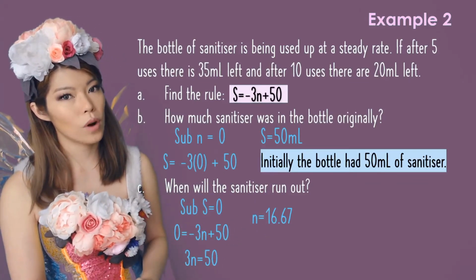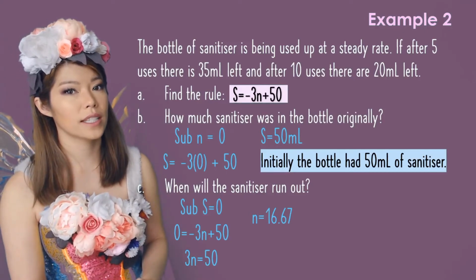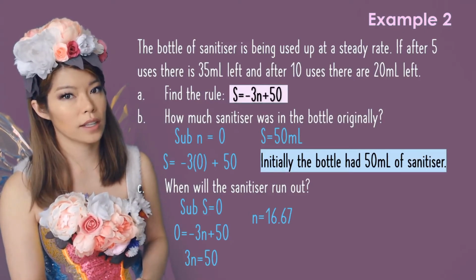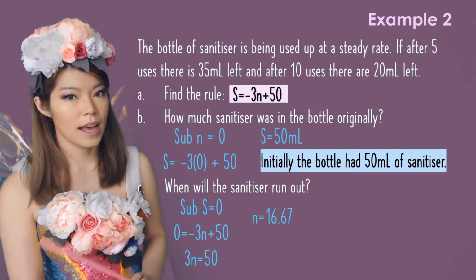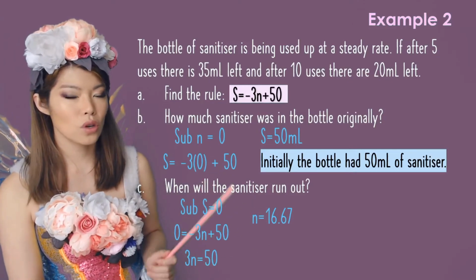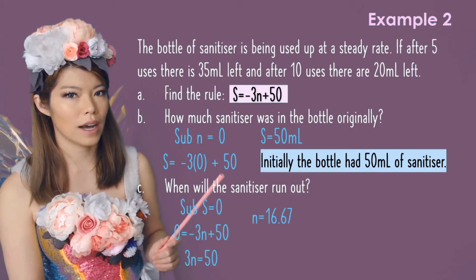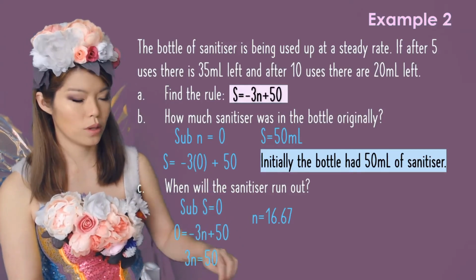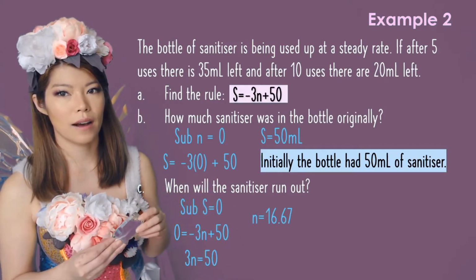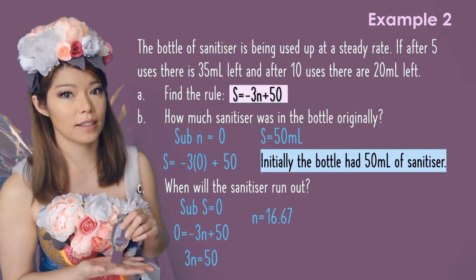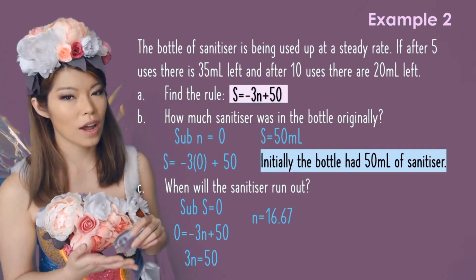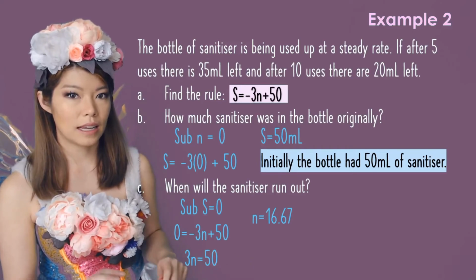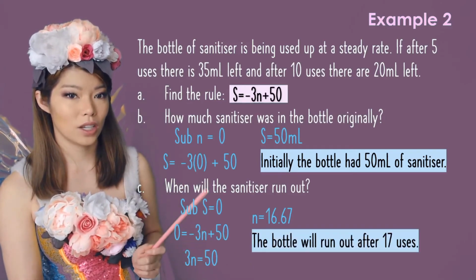Now example 2 is going to be different to example 1. Remember in example 1 you had 22.5 donuts and you can only order 22 donuts because you can't pay for half a donut. Now in this scenario, can you use 0.67 of a pump or a little bit of a squirt of sanitizer? Yes, you can. So we'll round it up. So instead of 16, it's going to be 17 uses.